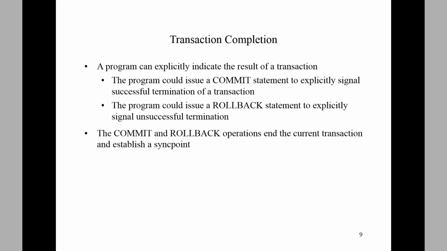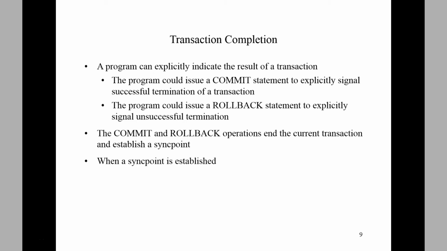So both commit and rollback are SQL statements and can be executed within an application. These operations serve to end the current transaction and establish a sync point. Note that these operations will only end the transaction. They will not terminate the program that issued these commands.